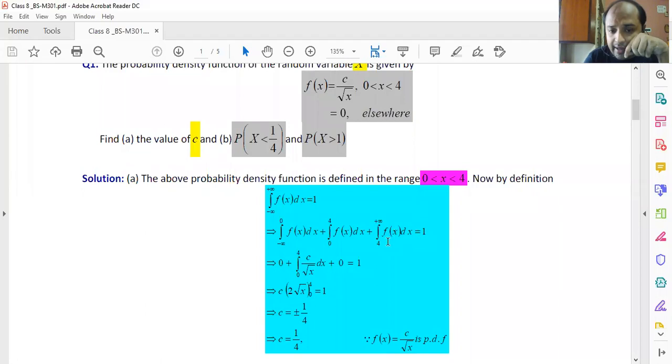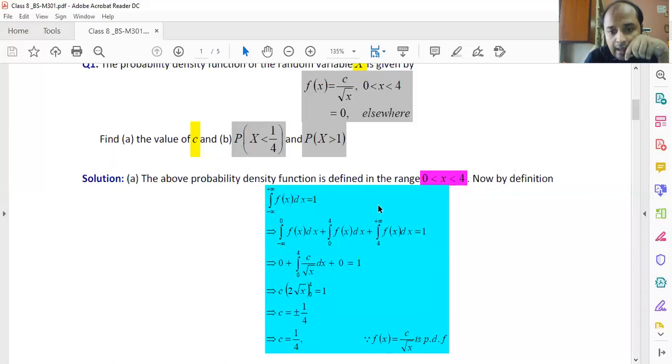When x takes values greater than 4, the functional value is also 0. Here I have substituted two zeros, but remember one thing: one 0 has been substituted because the value of the probability is 0, and the other 0 is substituted because the function is undefined. So there are two reasons for doing that.